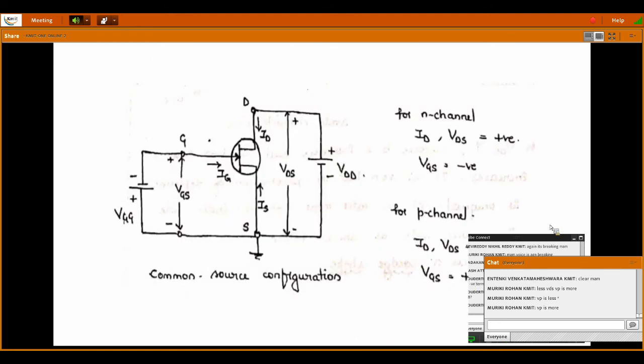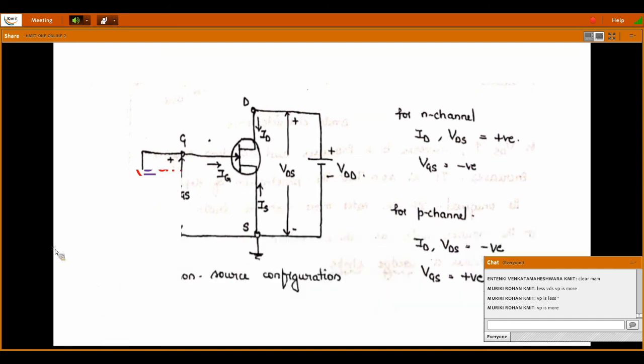And till now I have explained only about the N-channel JFET, which is the common source configuration. In the next class, I will explain about the JFET amplifiers.